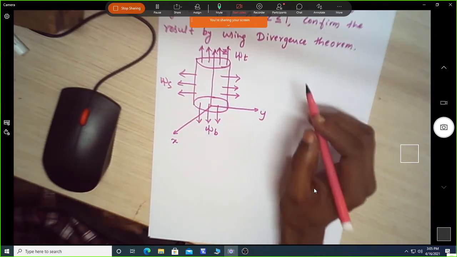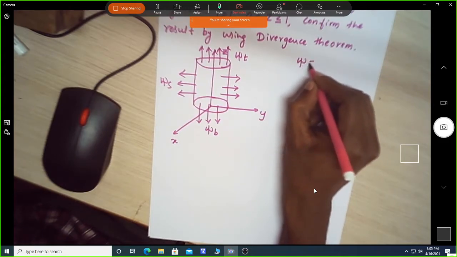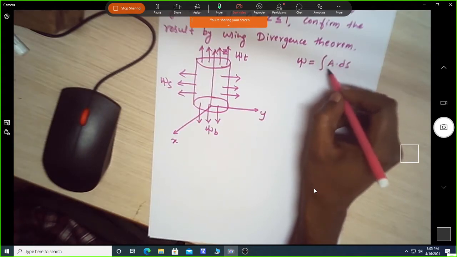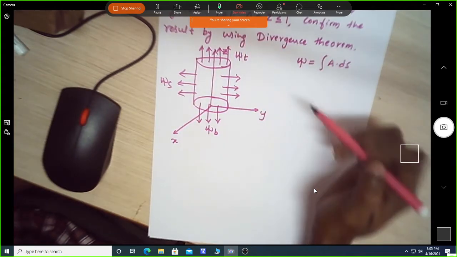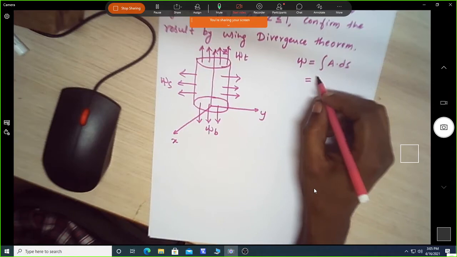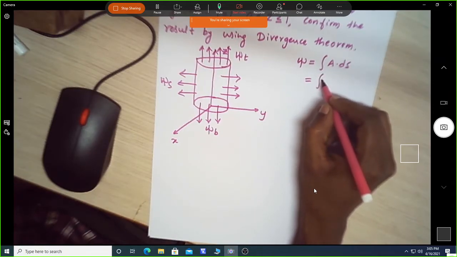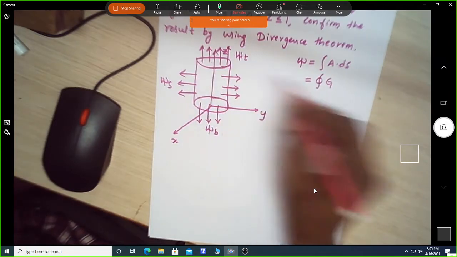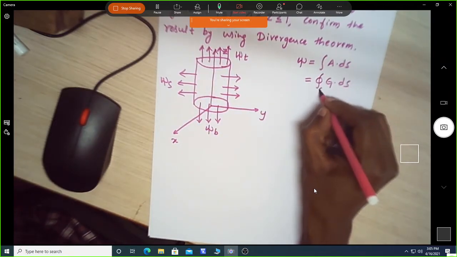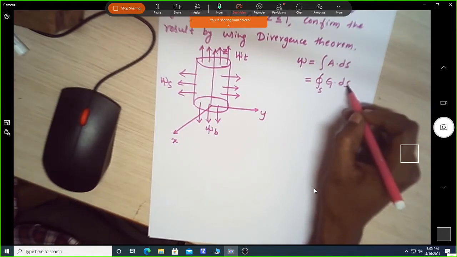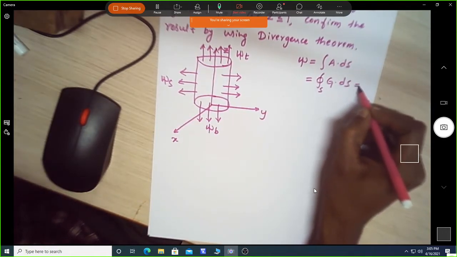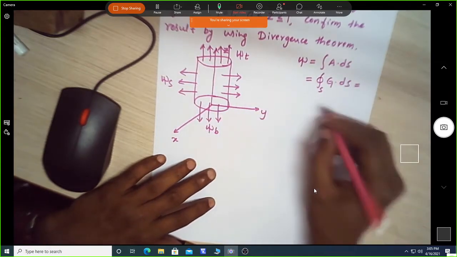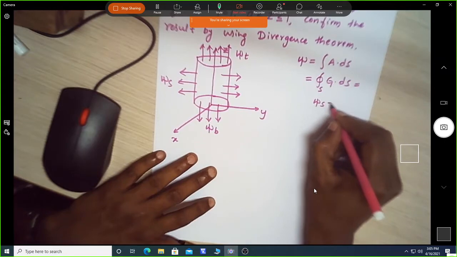So now we know from our earlier discussion, psi is nothing but the surface integral of A dot ds. Now instead of vector A, it is given as G. So if I take the closed surface of this cylinder, we have the closed surface integral of G dot ds, which will be the fluxes coming from the top, bottom as well as the curved surface.